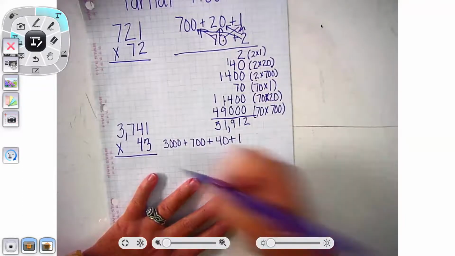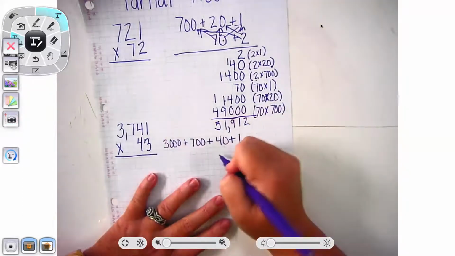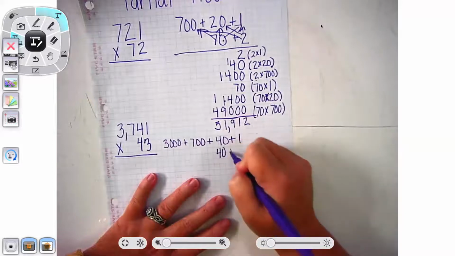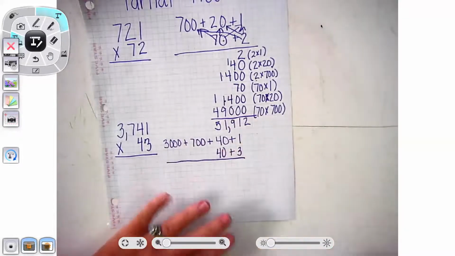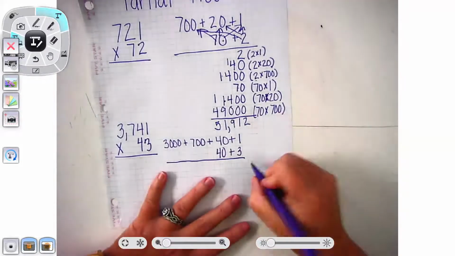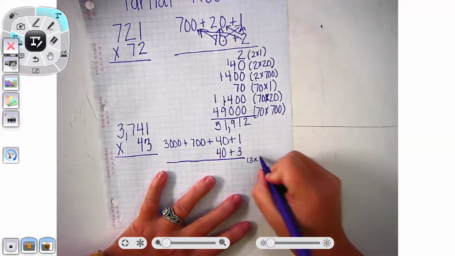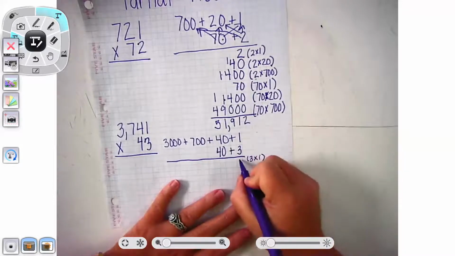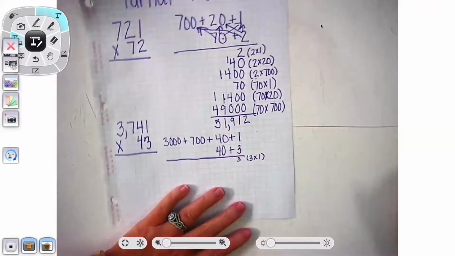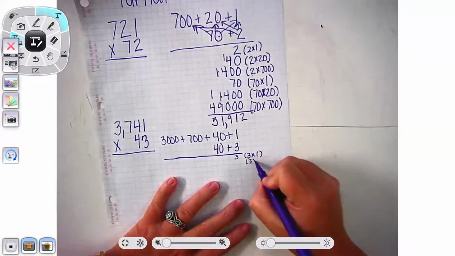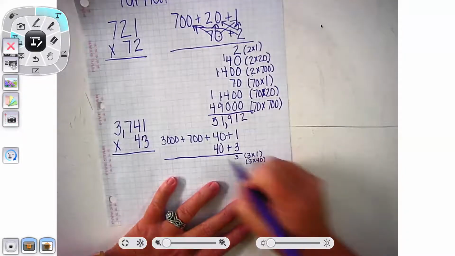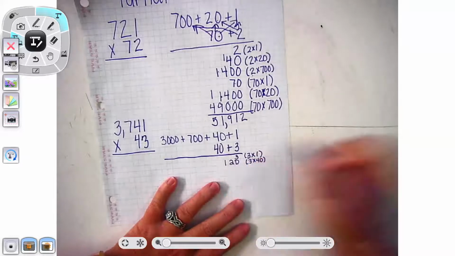Then I'm going to break down my 43 into 40 plus 3. Okay, the first thing I need to do is I'm going to take 3 times 1. 3 times 1 is 3. Okay, then I'm going to take 3 times 40, which gives me 120.